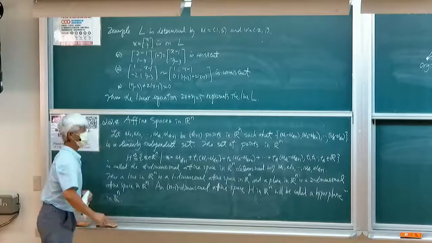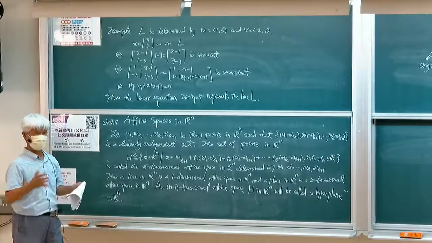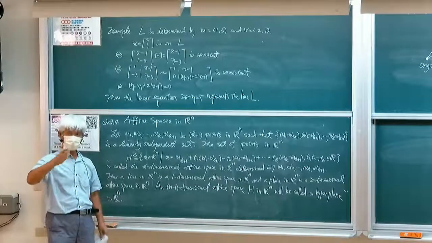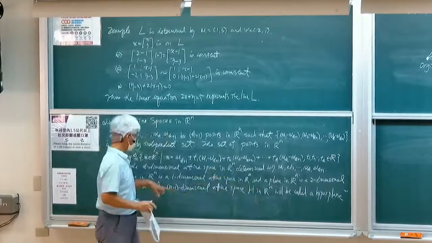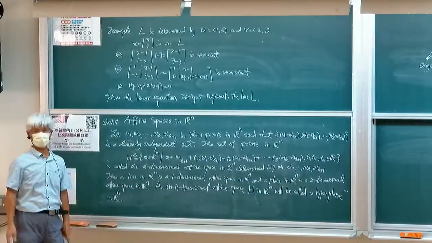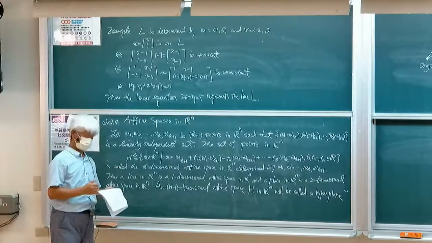So a hyperplane in n-dimensional Euclidean vector space is just one dimension less than R^n. So it's an n-1 dimensional affine space in R^n.